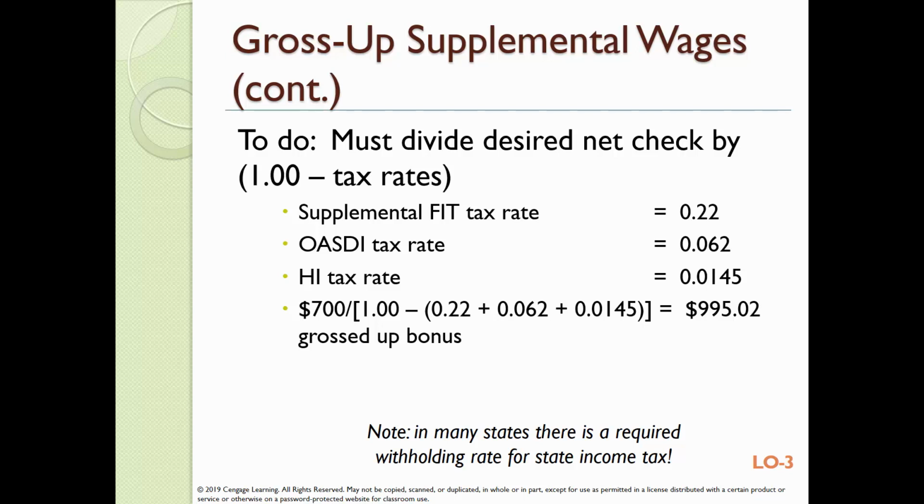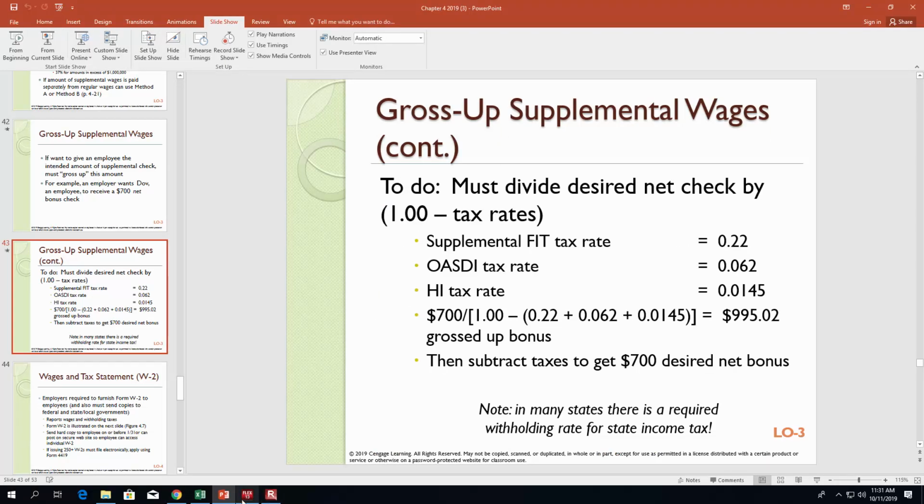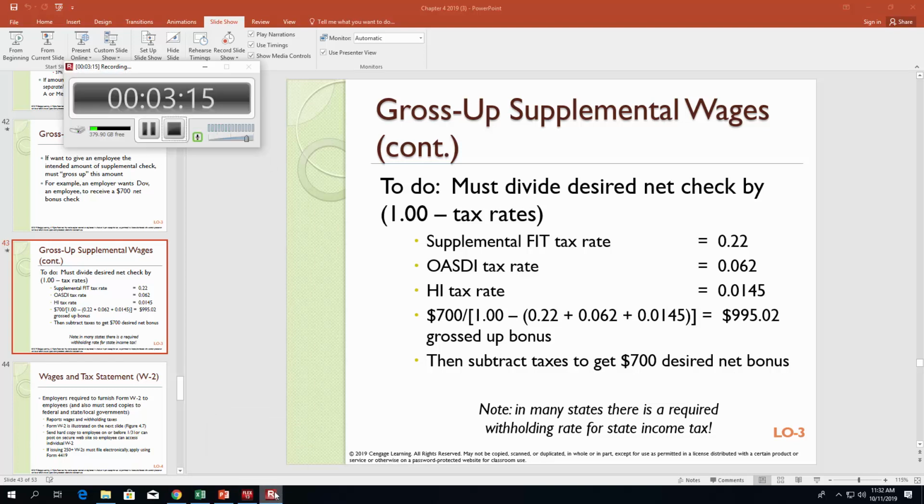Let's try it. We're going to go over here now, hopefully, seamlessly, if I'm lucky, to this guy, and we're going to try this. So get your, oops, that's not what I want. Get your calculator out, please.